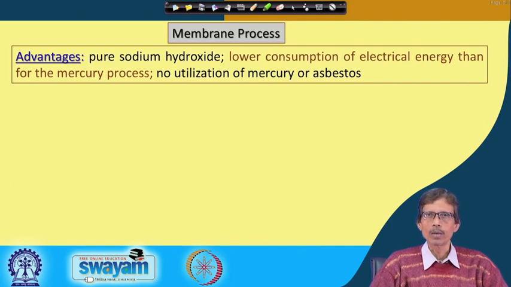Mercury is a very bad material for contaminating your environment. Similarly, asbestos is also a very bad material because it goes to our lungs, and it is basically a silicon material. Silicosis is the disease that affects people working on making asbestos.